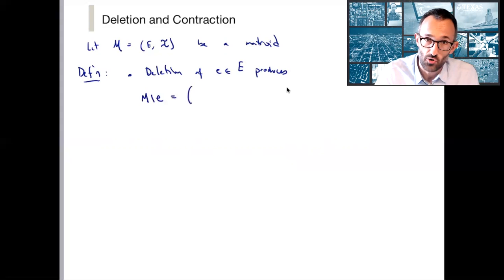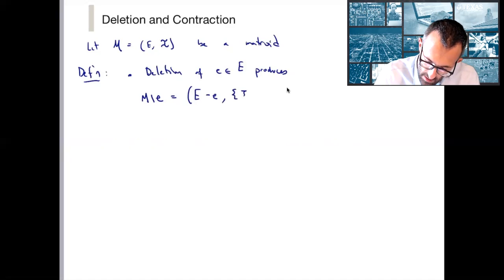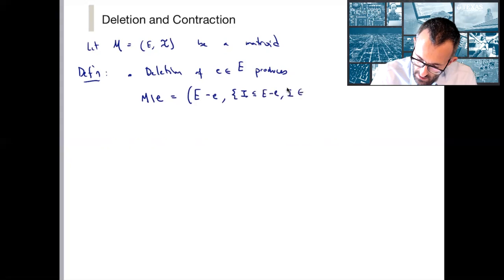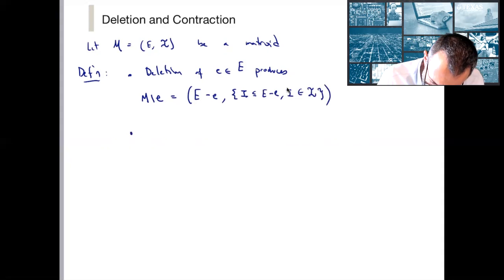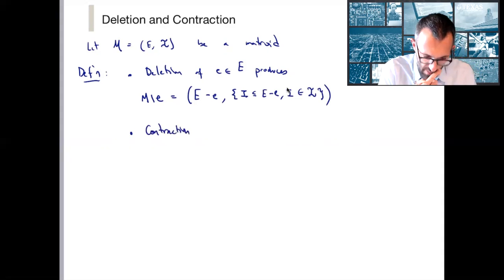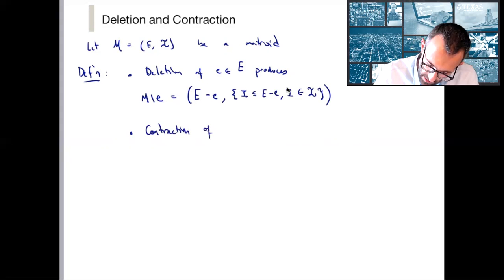And this is going to be the matroid on the ground set E minus e. And its independent system will be all I that are subsets of E minus e, such that I is an independent set in the original matroid. And then we're also going to define contraction with respect to, again, some element e of the ground set.